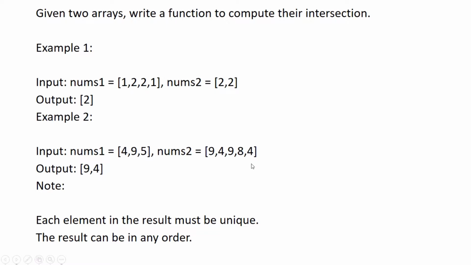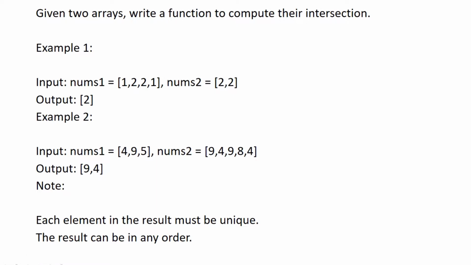Looking at this kind of problem, a naive approach would be to say, okay, let me take each of the elements of the first array and check the other array. If I pick this first element, I go into the second array and check whether it is there.